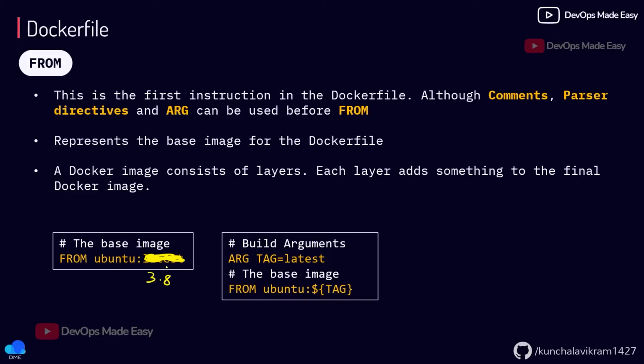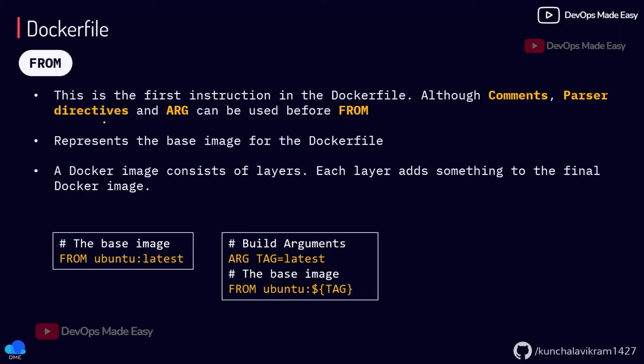Don't use latest. The FROM instruction should ideally be the first instruction in your Dockerfile. But you can also use comments, let's say a hash followed by something, which becomes your comment. Or you also have a parser directive, which is the latest addition.